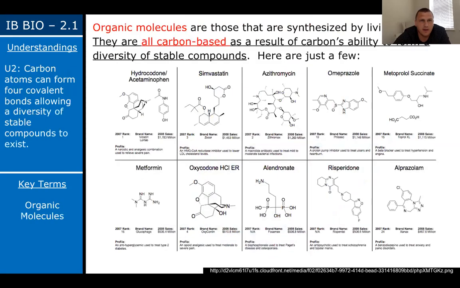Okay. Organic molecules, don't let the picture scare you, but organic molecules are those that are synthesized by living things. So we make these organic molecules in our body, we synthesize them, and they are all carbon based. So because of that, carbon's very important.